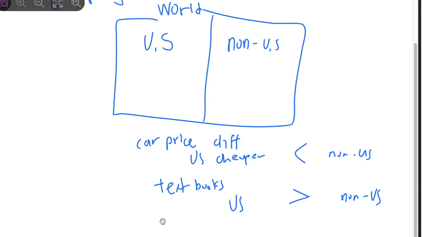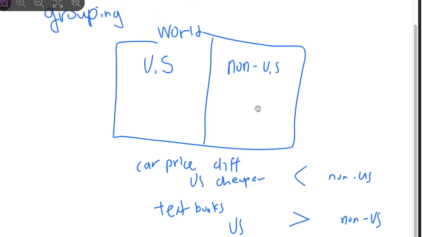So that is for US and non-US segmentation, right? And we can go deeper into the segmentation inside the US. So what can we have? Before, we talked about age, right? Or military condition.